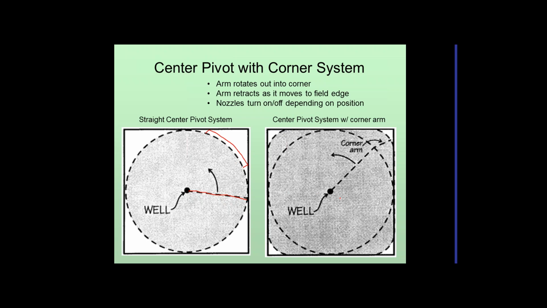Now farmers like to cover as much ground as possible, so somebody came out with a corner system. This has an extra arm on the end here that'll fold into the corner. When it's at the narrowest part of the field, that corner arm is folded back, and as we come into the corner, that arm starts to open up, and different numbers of sprinklers will turn on and off depending on the position that arm is going into the corner of the field.